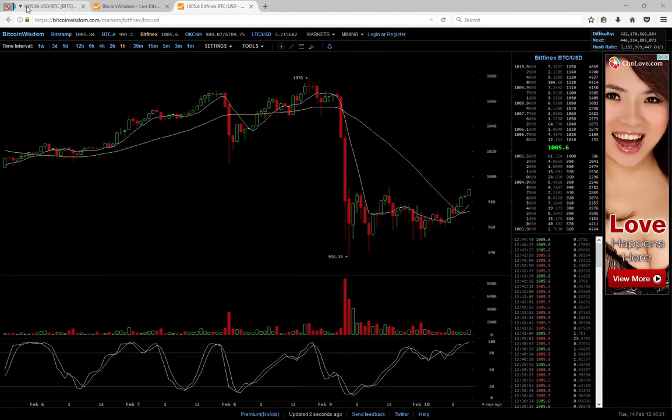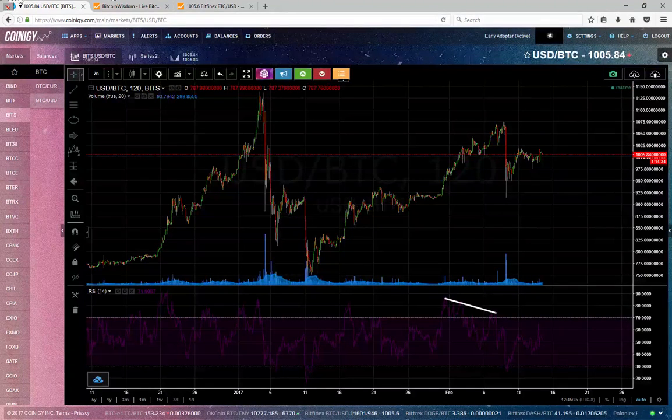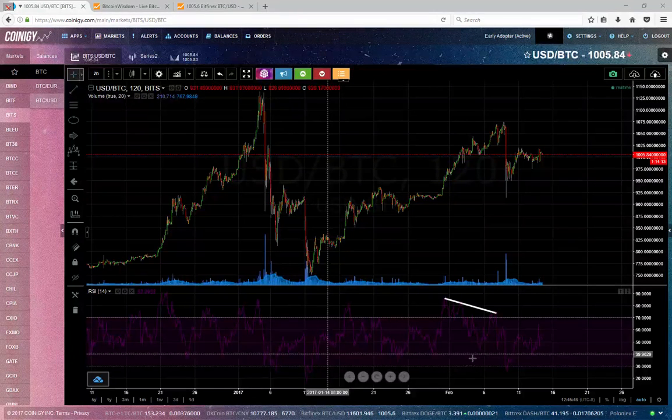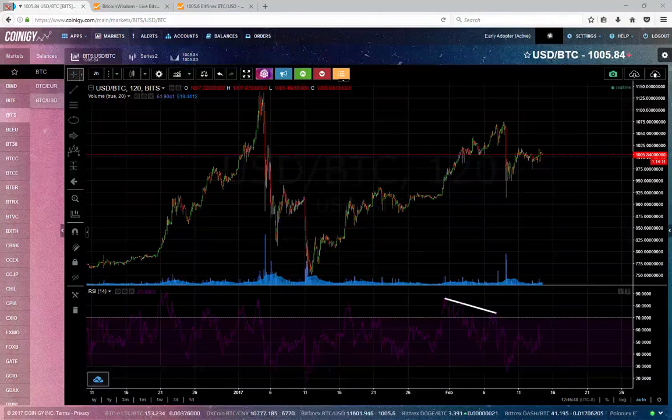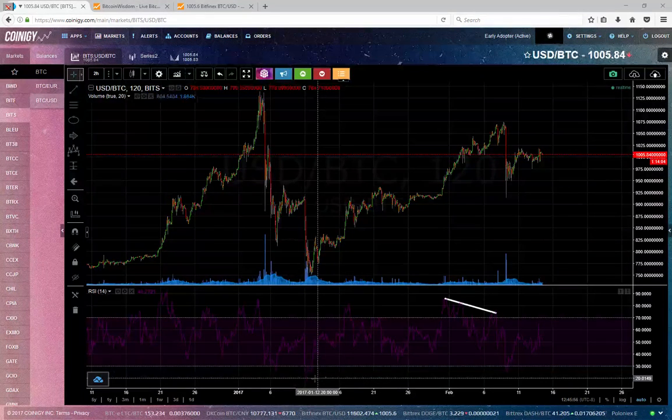So let's also look at the relative strength index, also known as the RSI. Now, in order to read the RSI, you can see anything under 30 right here is considered oversold. So this is generally when a market is really exaggerated to the downside.